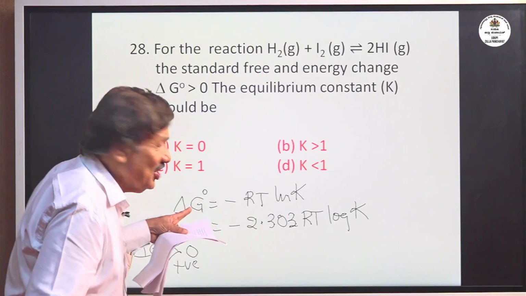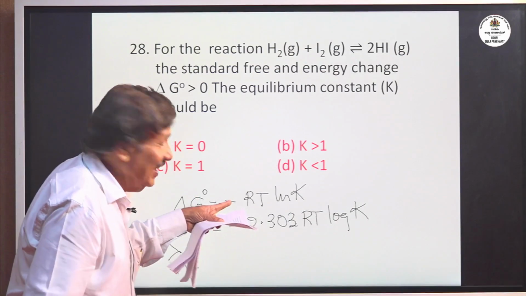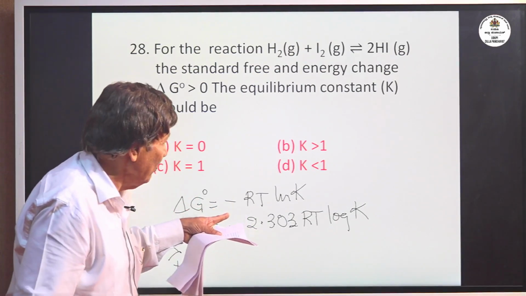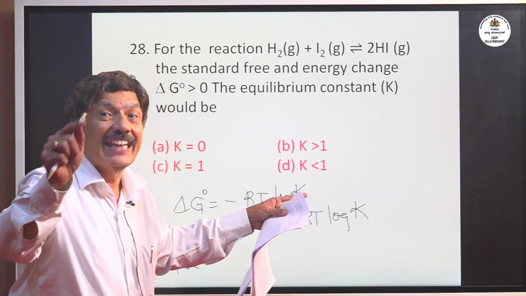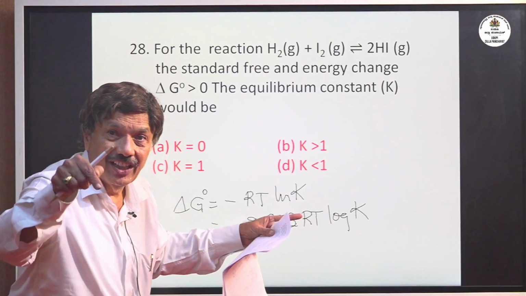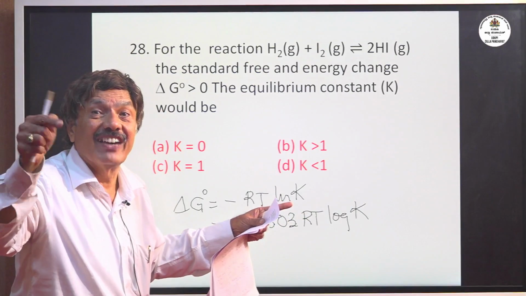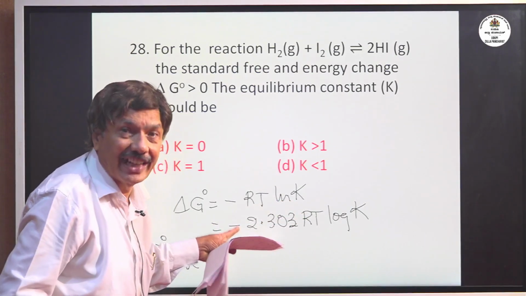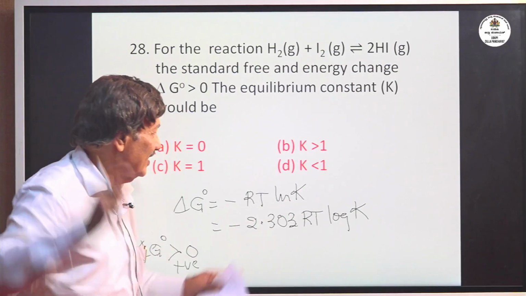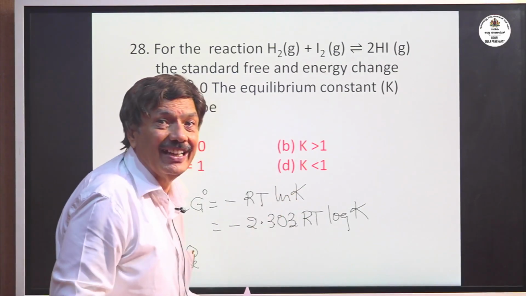If this is to be positive, the minus sign is already there in the relationship, so this term should be negative. If the number K is less than 1, log of a number less than 1 is negative, so it cancels with the negative sign and you get a positive answer. So K should be less than 1.